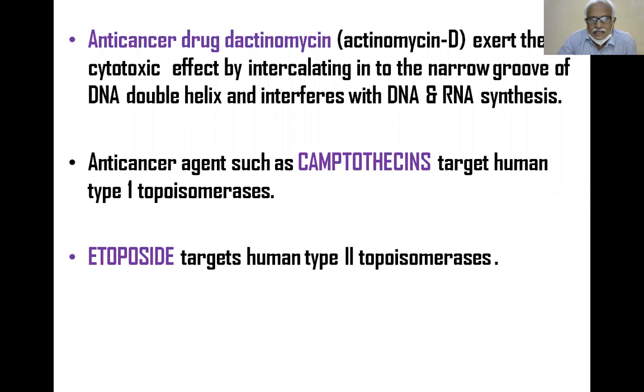Anti-cancer drug camptothecin targets human type 1 topoisomerases. Etoposide targets human type 2 topoisomerase. So these are the various anti-cancer drugs, and they are targeting the sites by which they will act as anti-cancer drugs.